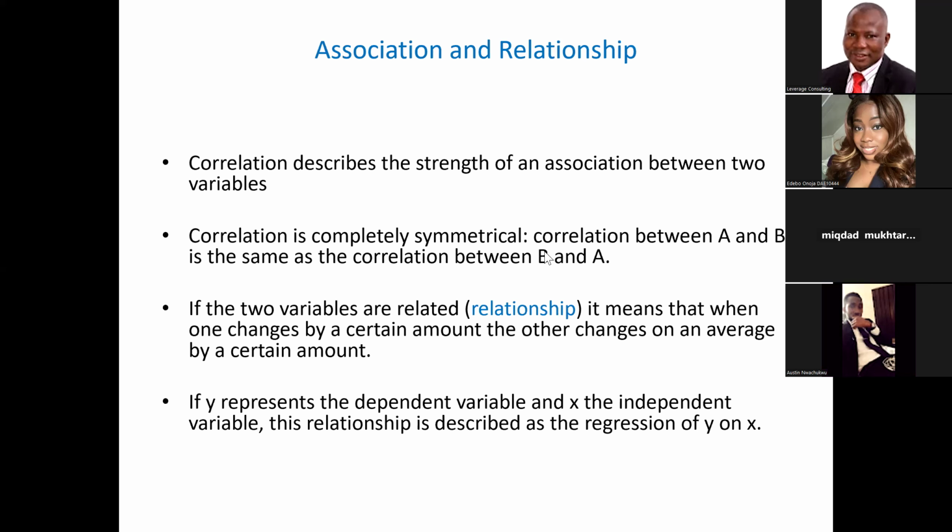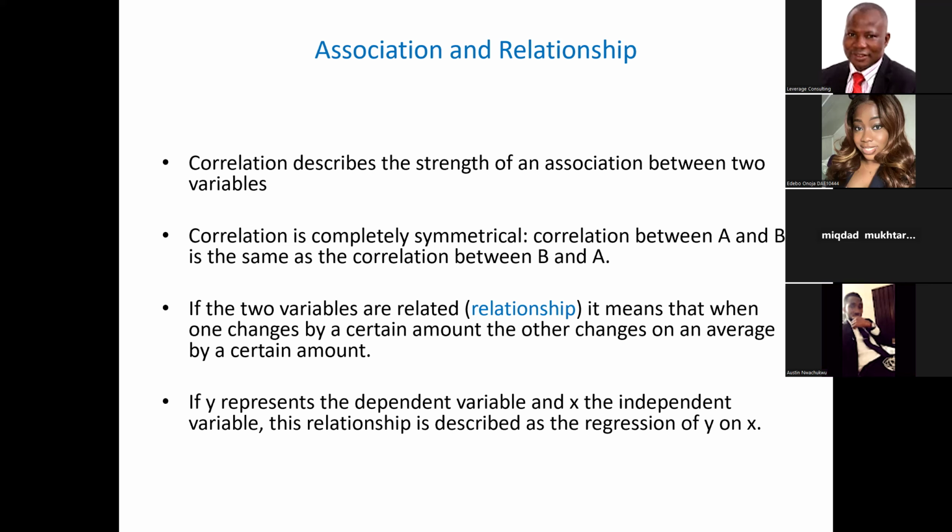Correlation describes the strength of association between two variables. Correlation is completely symmetrical. Correlation between A and B is the same thing as correlation between B and A. That's why in correlation there is no dependent or independent variable.